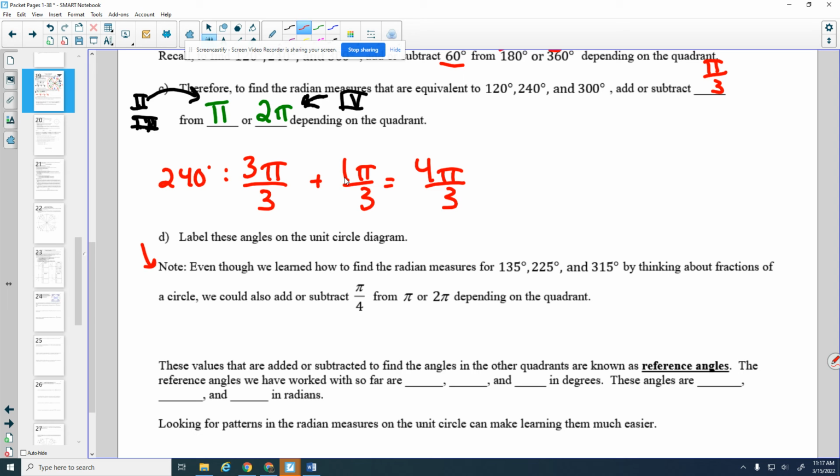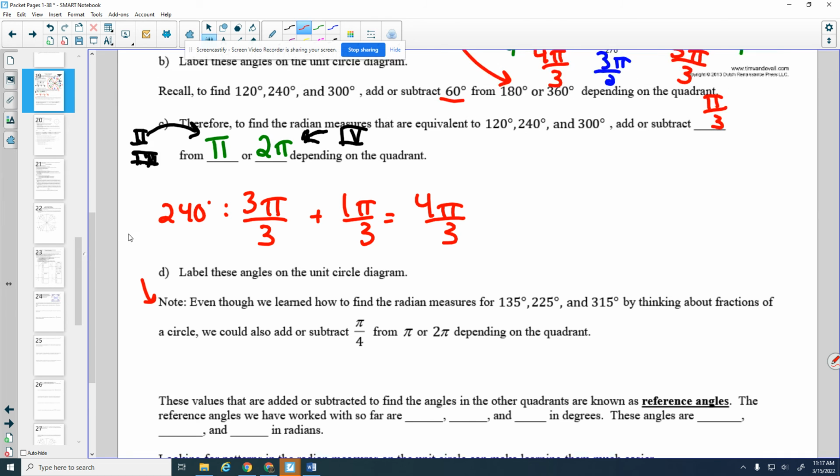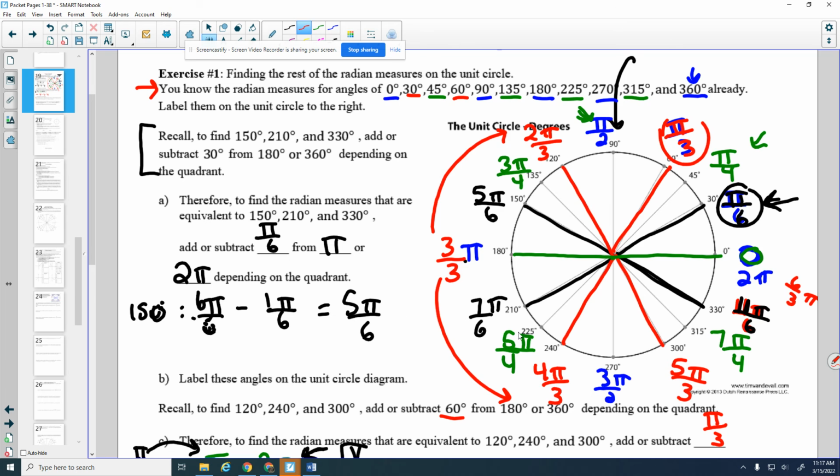Even though we learned how to find the radian measures for 135, 225, and 315 by thinking about fractions of a circle, remember how we went around the circle counting in fourths, we can also add or subtract pi over 4 from pi or 2 pi, depending on the quadrant. So just looking back at the picture up top, when I have 3 pi over 4, that comes from 4 over 4 pi.